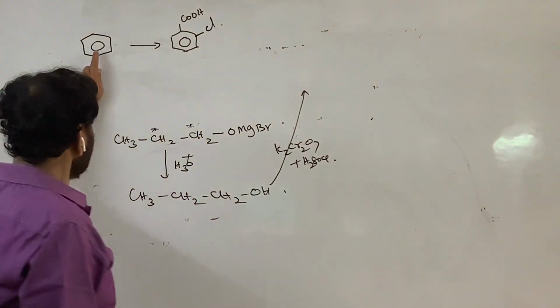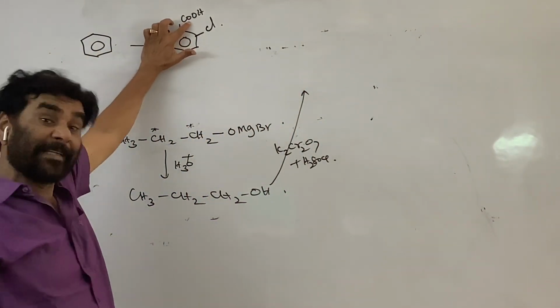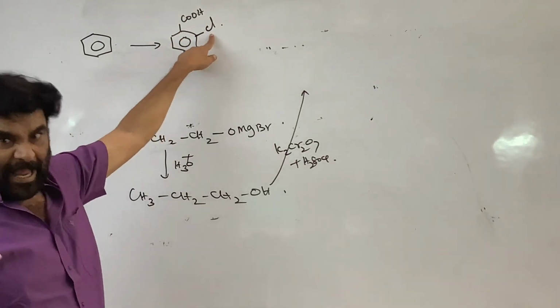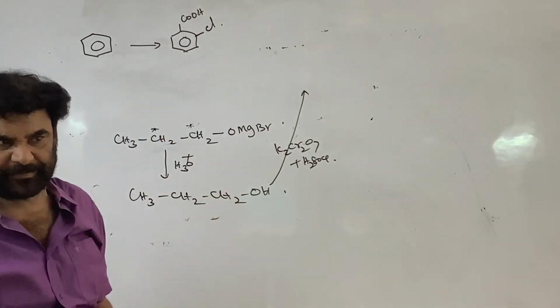What to do? We have to introduce the COOH, which is a ring deactivator and meta-directing group. Cl is a ring deactivator but an ortho-para directing group.